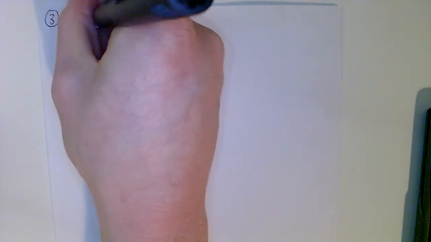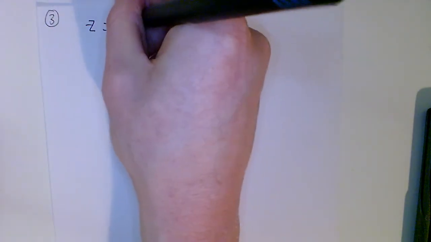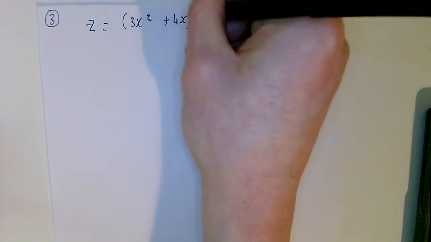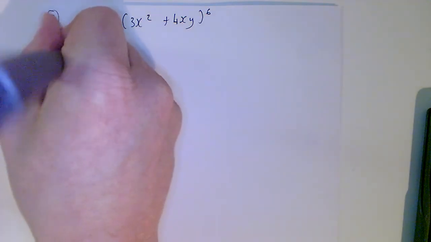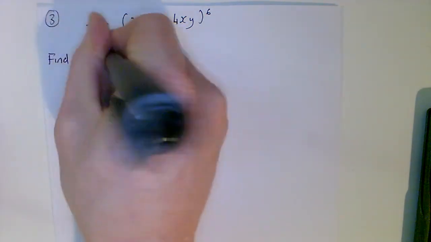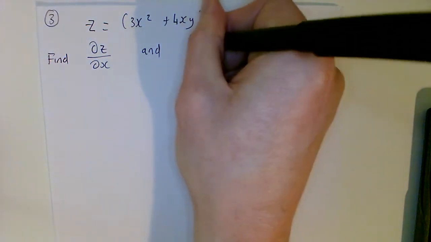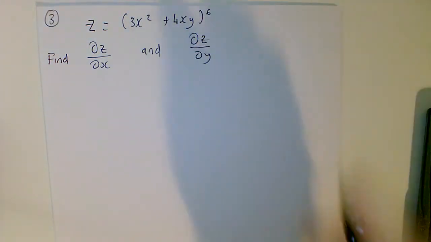So, first example 3, and this says z equals 3x squared plus 4xy, all to the power of 6. And we're going to find partial dz by dx and partial dz by dy.